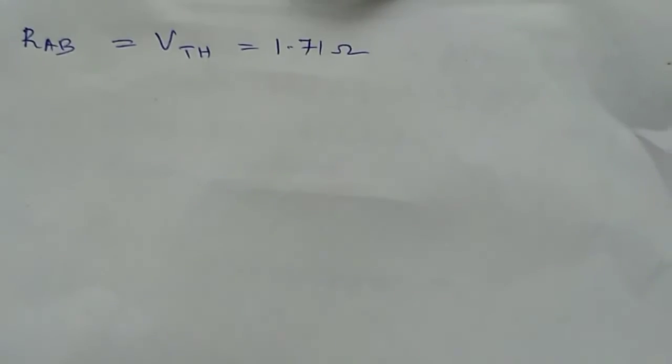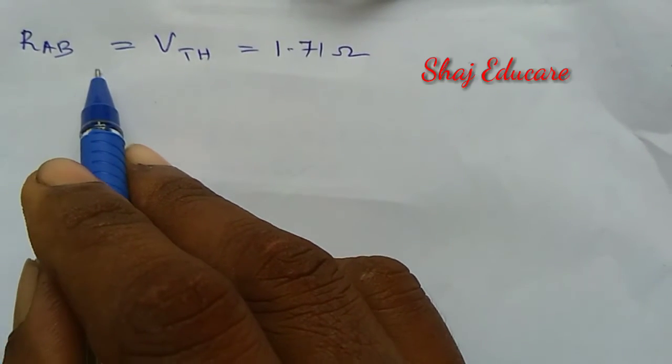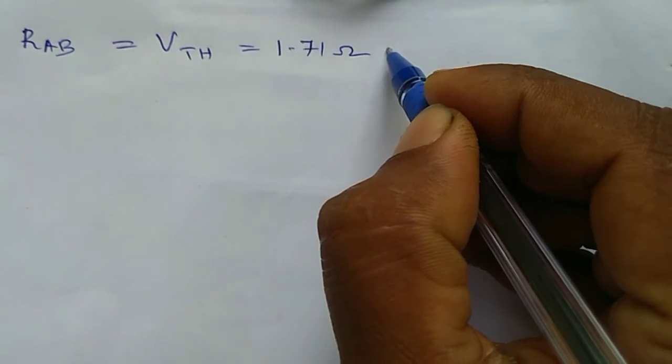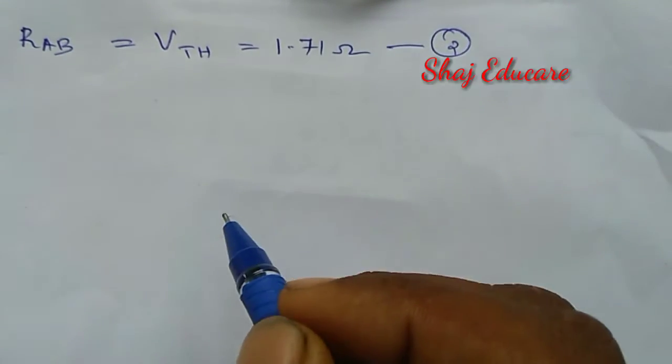Now the equivalent resistance across AB is equal to 1.71 ohm, and let us mark it as equation number 1.